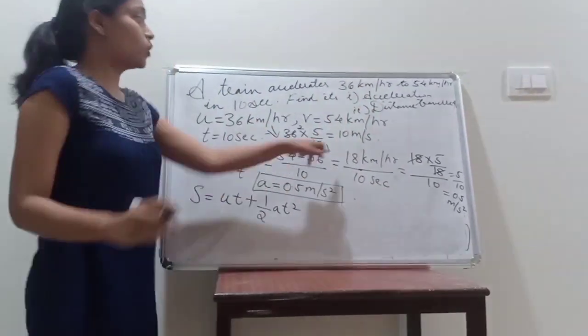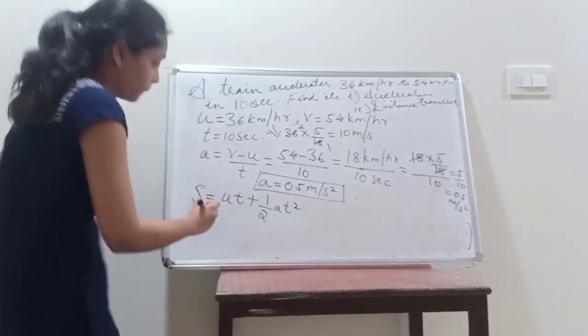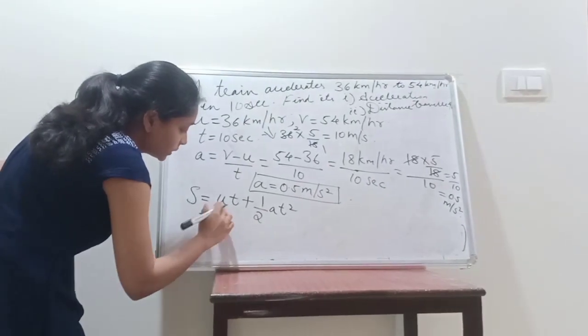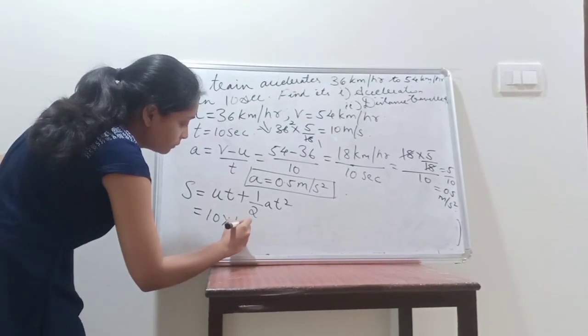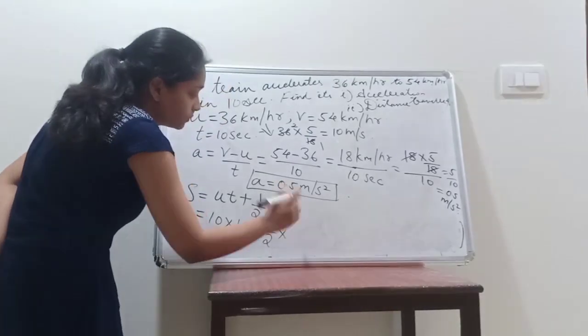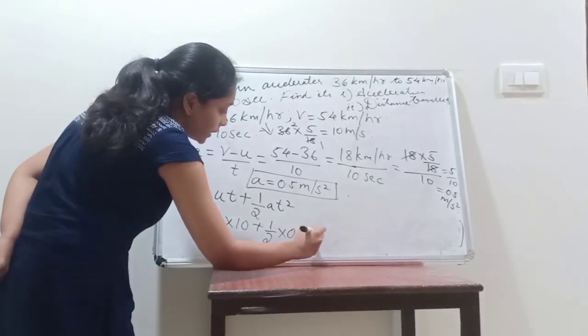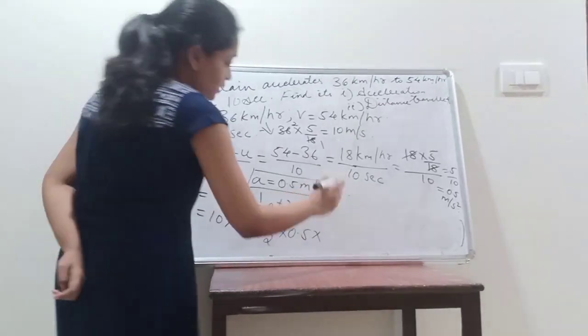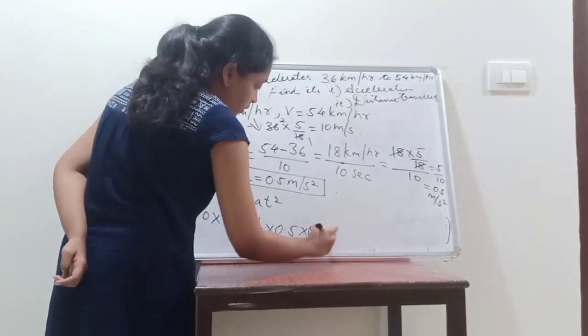So initial velocity is 10 and time is also 10, plus half into acceleration we obtained, 0.5, into time 10 whole square.